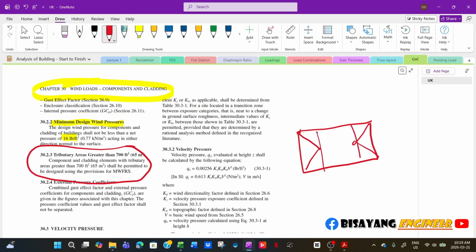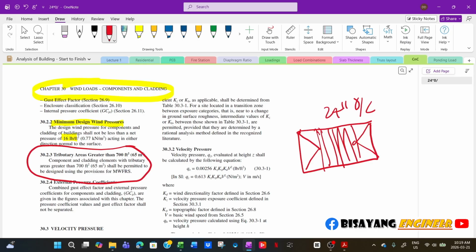Now, if this is wood frame, especially in North America, the way we frame with trusses, these trusses are like 24 inches on center, so that's obviously part of components and cladding.